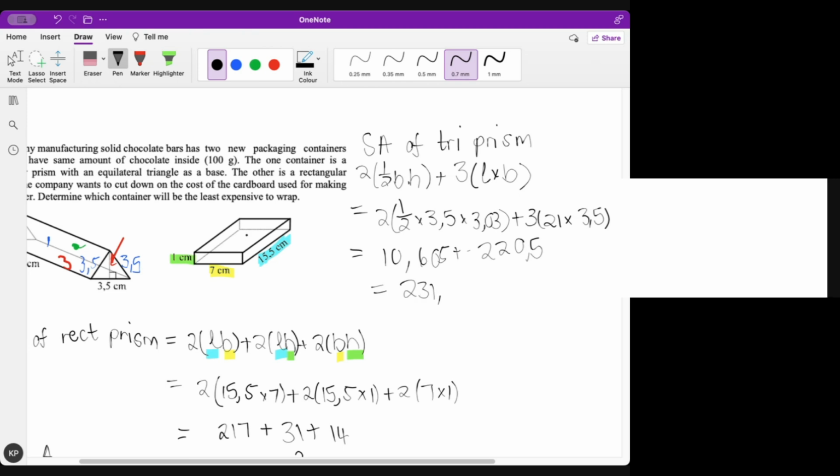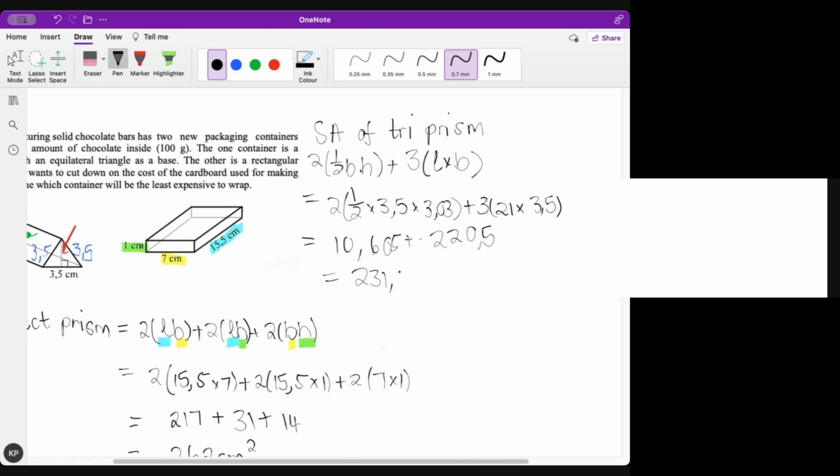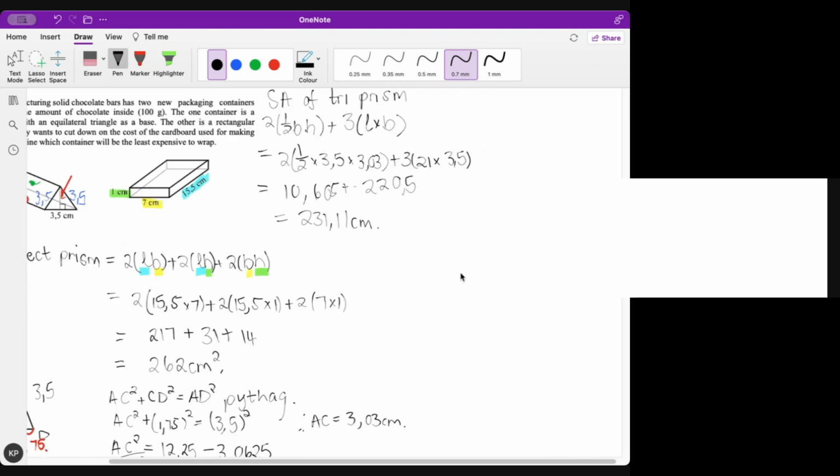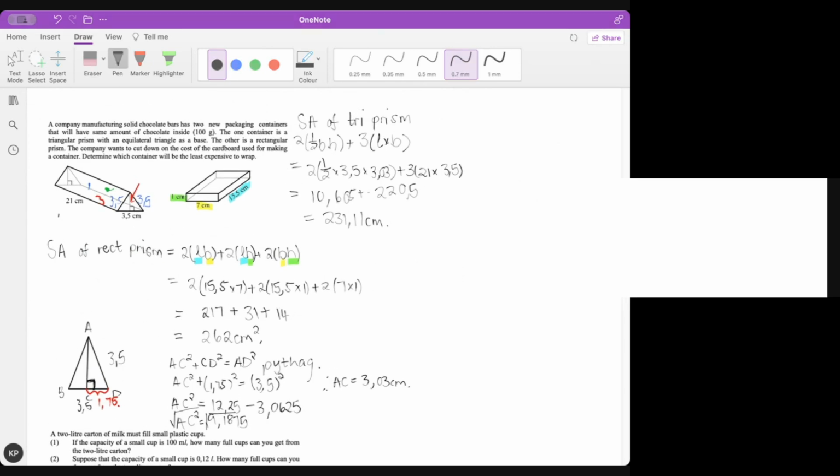Did they tell us how to round this off? No, so we're just going to use two decimal places, which is just 1 centimeters. So, which of these packages will be cheaper to use? It is the triangular prism. So therefore, the triangular prism is cheaper.